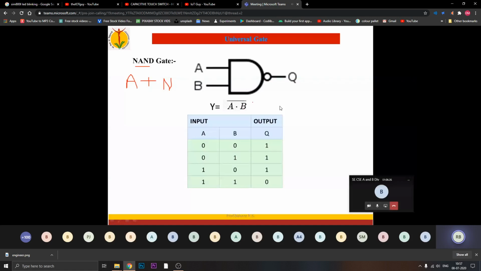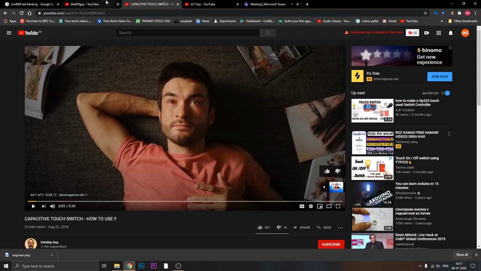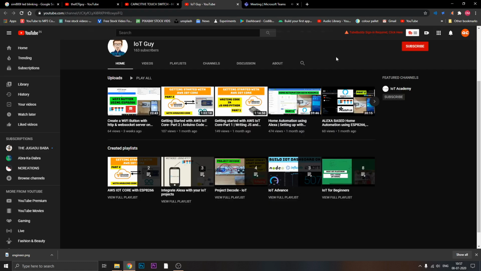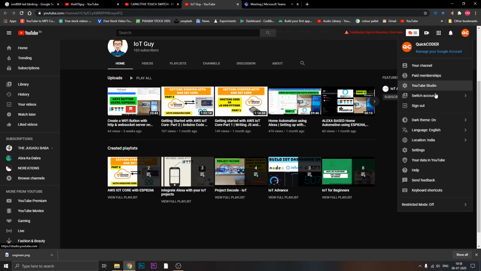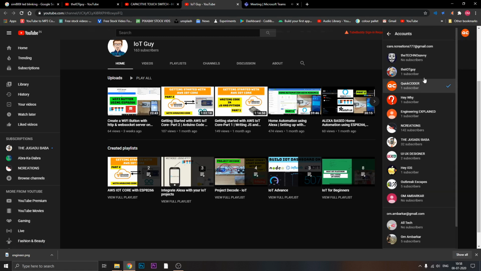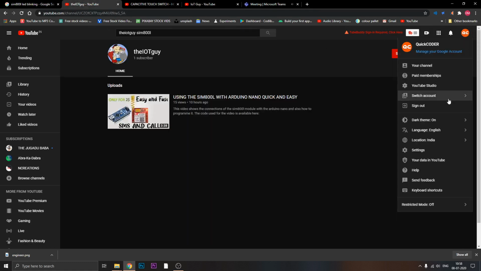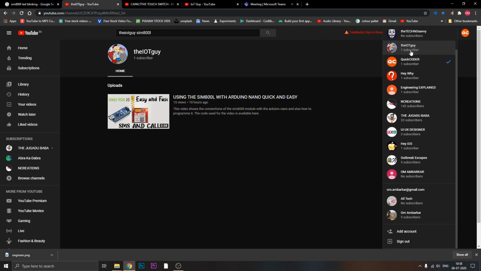We know the logic equation for AND gate, it is A into B. Because of the circle, we get a complement, a bar. So it forms the NAND gate.